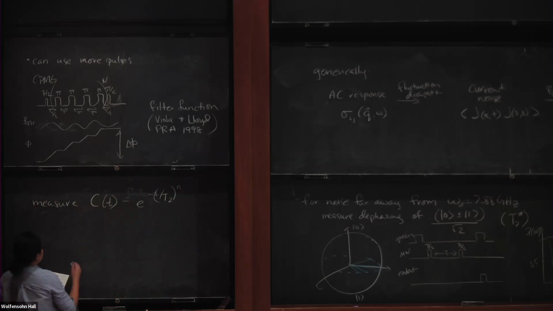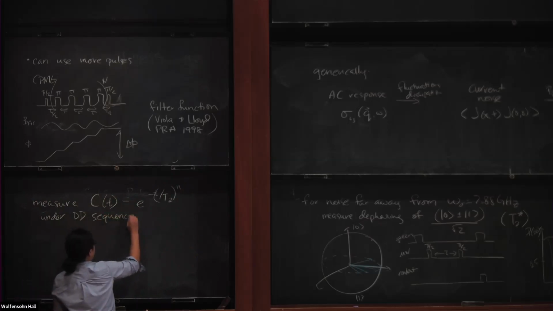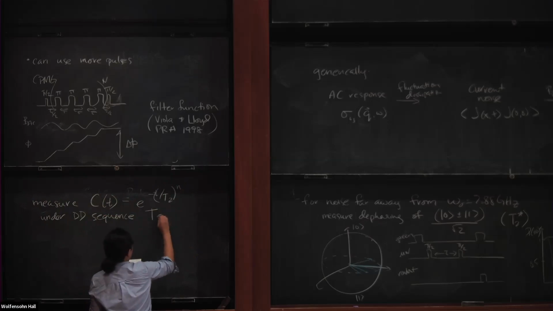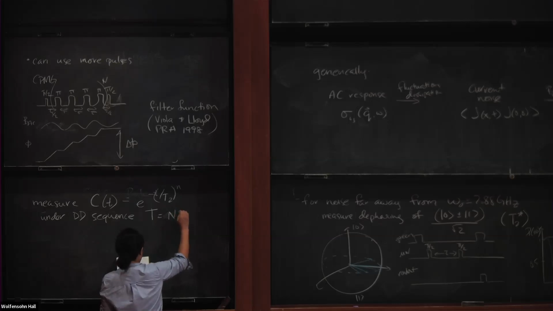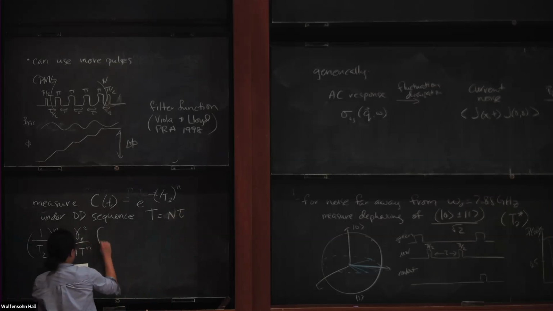And now if I have some dynamical decoupling sequence with some total time t, which is going to be, I'm going to use big N for the number of pulses, times my phase evolution time, then my T2 that I measure is going to look like gamma squared over pi t to the n.